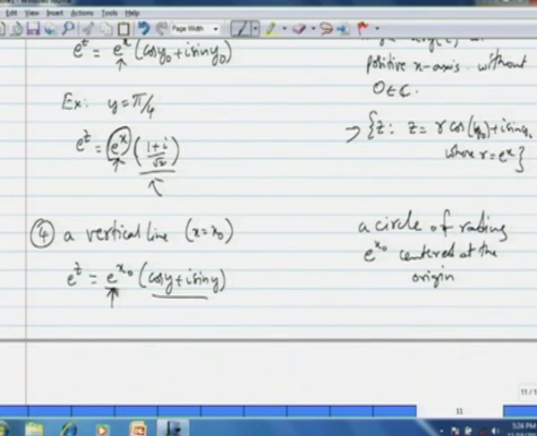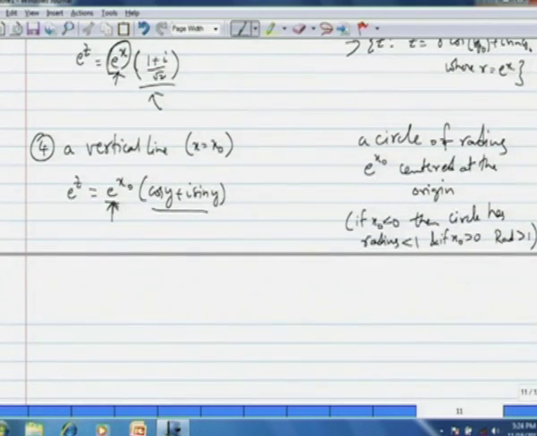And if x naught is less than 0, then the circle has radius less than 1, and if x naught is greater than 0, the radius is greater than 1.